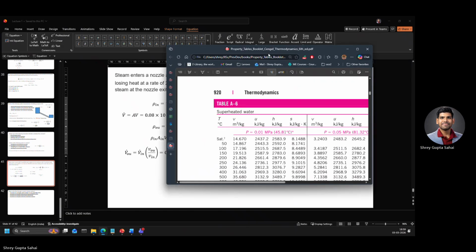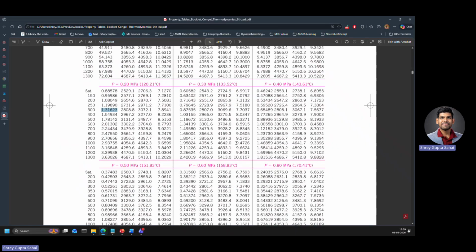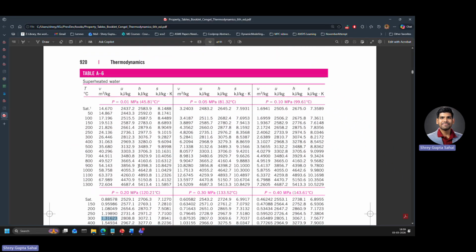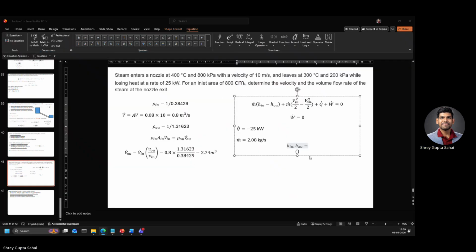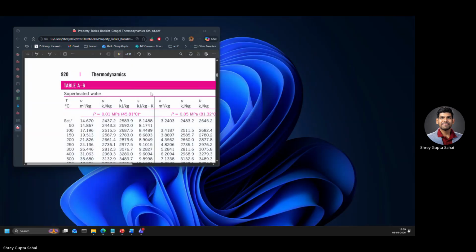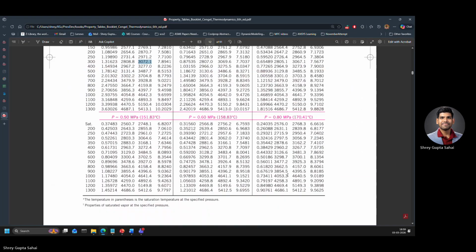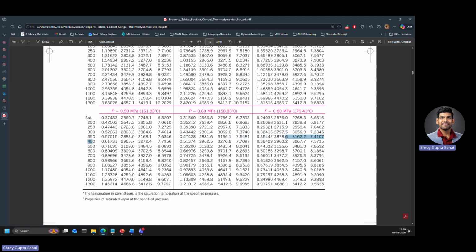So let's see what H out is. H out is this 3072.1. And what is our H in? H in is this one.